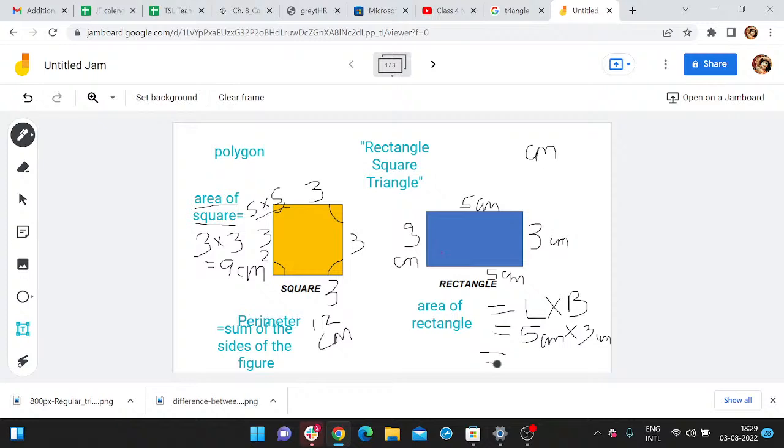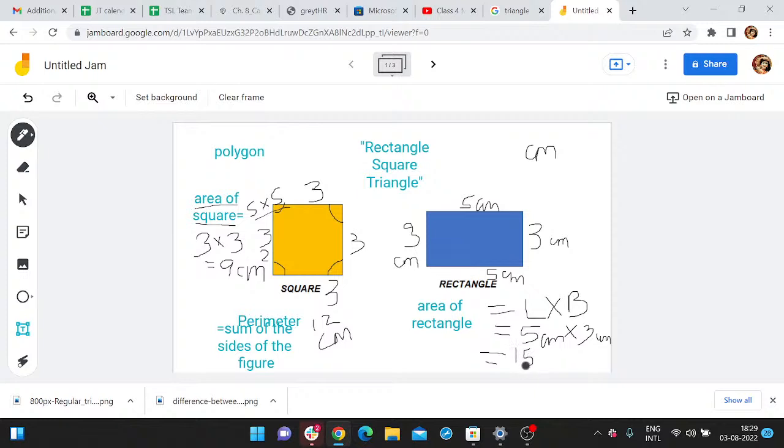Let's see who is quick at this. So as one of you have just said that 5 times 3 is 15, because if you check the 3 times table or the 5 times table, 5 times 3 is going to be 15. That means I'm going to write 15 over here.